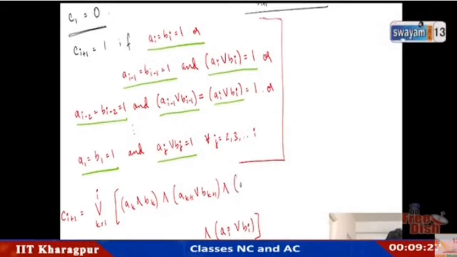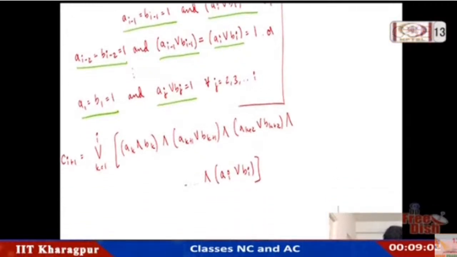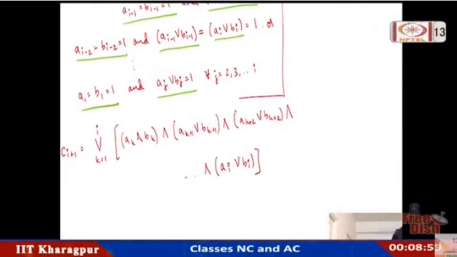So maybe I'll just write one more, Ak plus 2 or Bk plus 2, and so on till Ai or Bi. This is when k equal to 1, and when k equal to 2, it starts from A2 and B2 both being 1, and then everything from that point till i, at least one of them should be 1. Anyway, you can verify that this expression for Ci is the correct expression. This is the expression that I have enclosed.